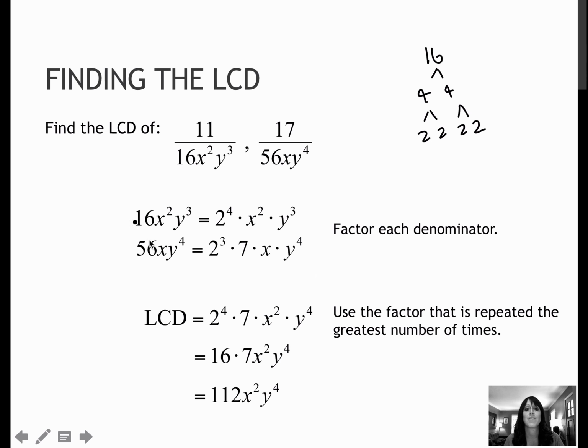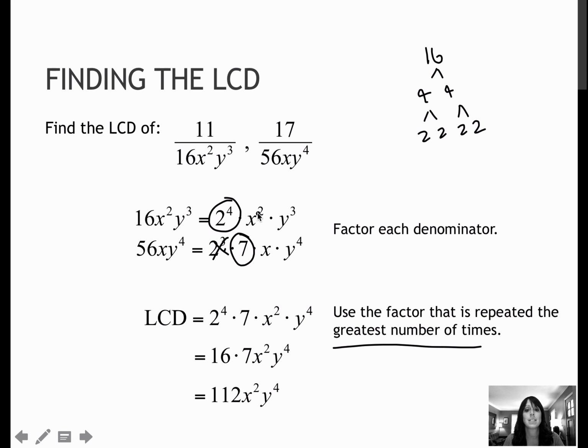Once you have everything factored, then I'm looking for the greatest number of times that it's repeated in just one factorization, just one term. So if I'm looking at my 2's, it happens 4 times here and 3 times here, so the most number of times is 4. Looking at my 7's, it happens 0 times here and 1 time here, so the most is once.